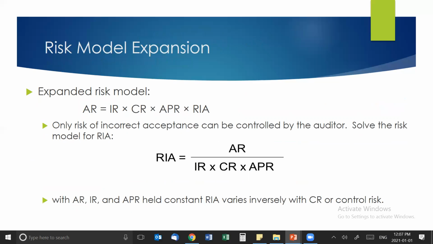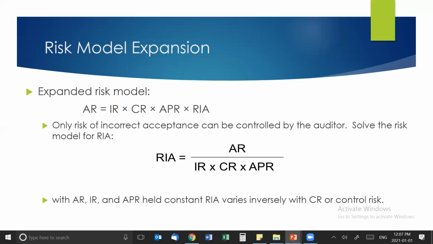So if we expand our risk model, remember our risk model was DR equals AR divided by IR times CR, which I showed you back in chapter 6. Now, if we split detection risk in two, we're solving for the risk of incorrect acceptance, which is the only risk that can be controlled by the auditor based on how much work they're going to do.